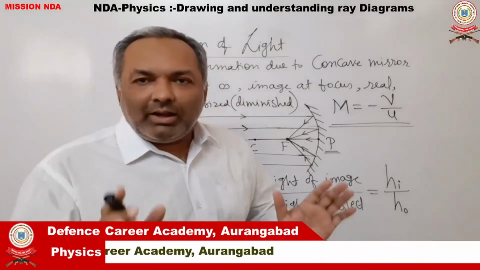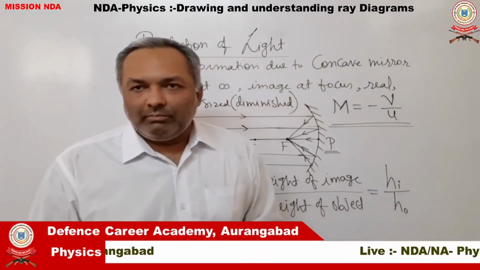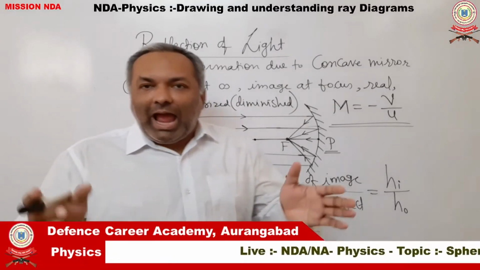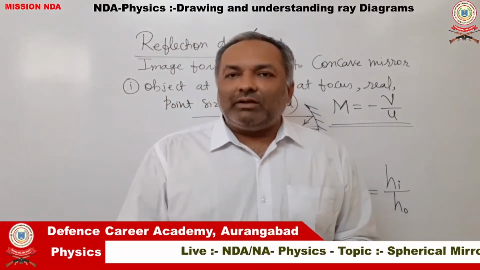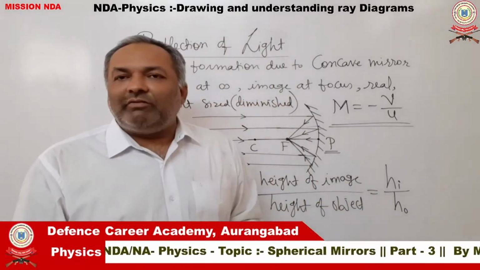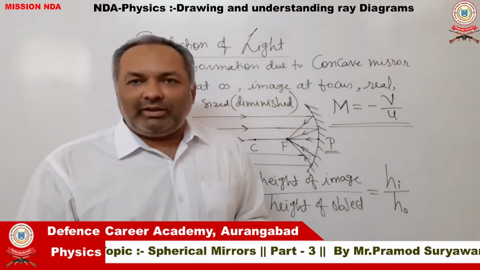Whenever after reflection or refraction, the reflected or refracted rays are actually intersecting at a point, meeting at a point, these kinds of rays are called converging rays or convergent rays.